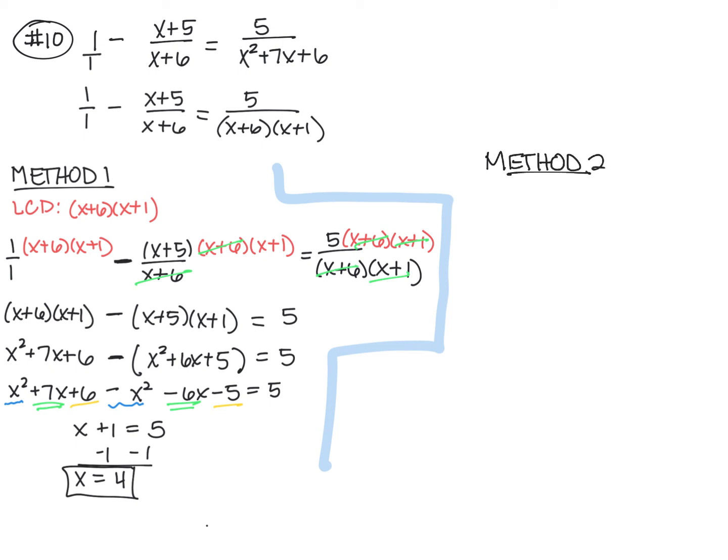So a lot of you on this, we still need to know our least common denominator, which is x plus 6 times x plus 1. But in this scenario, what I would need to do is multiply the numerator and the denominator of each term by what's missing.